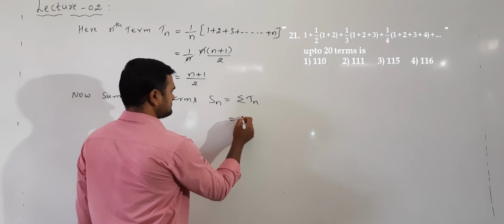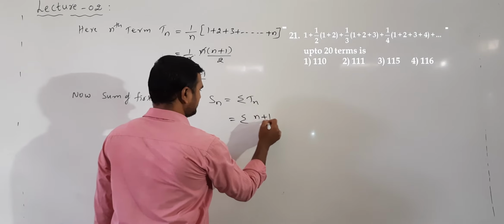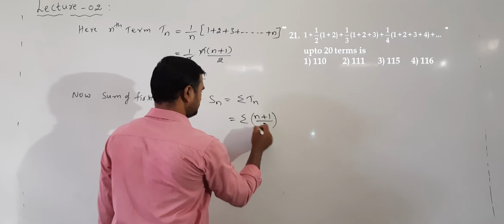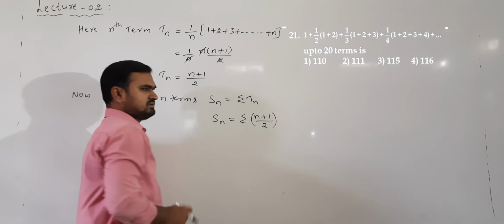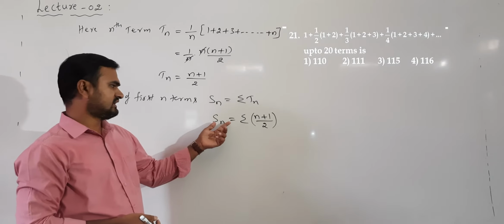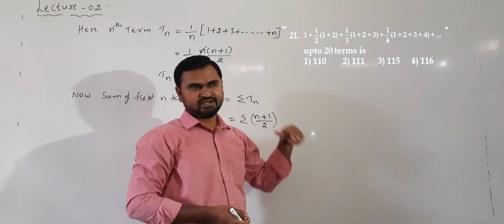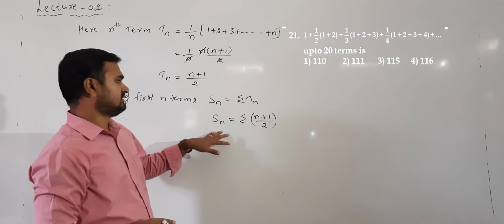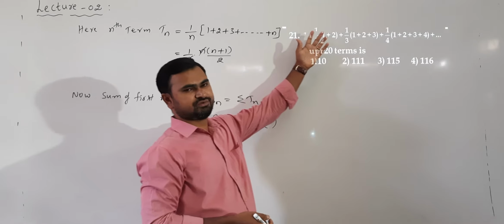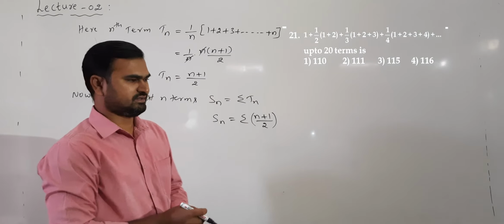So sigma Tn is sigma of n plus 1 by 2. First write Sn, then by taking values for n, we can find the sum of any number of terms. Using Sn, we can find the sum up to 20 terms, or 50 terms, or even 100 terms.